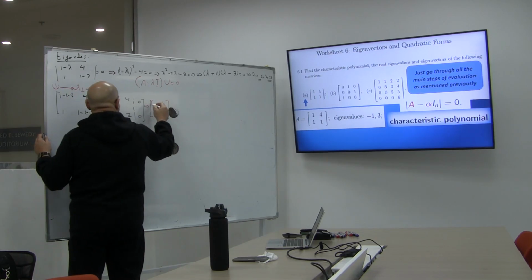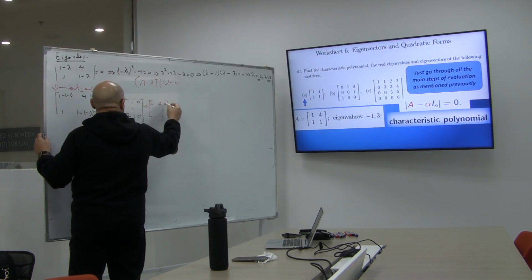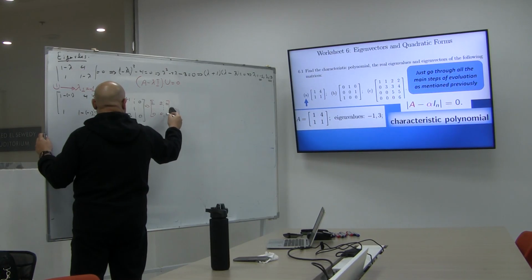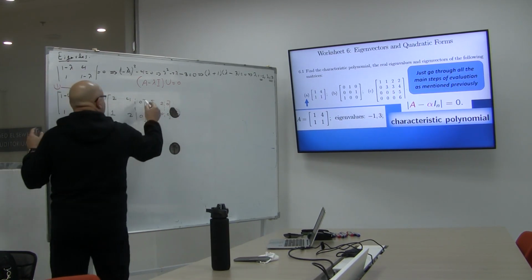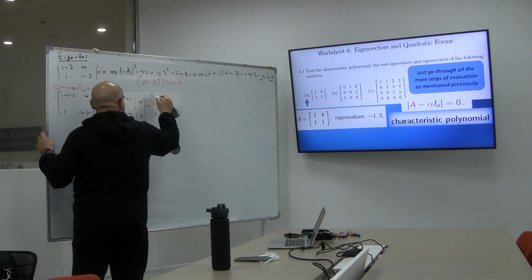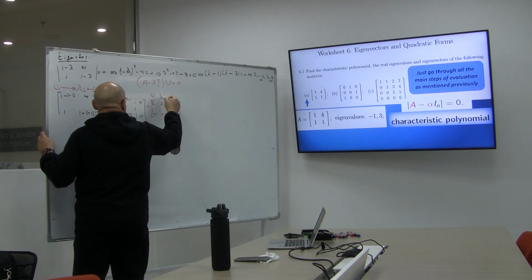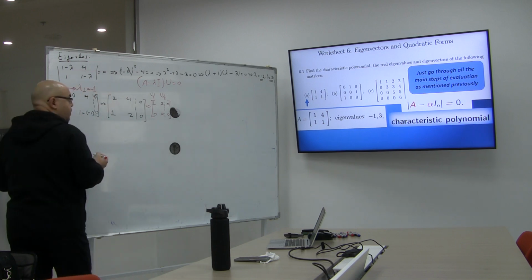Dividing by 2, it's going to be a 1, then 2, equal to 0, 0, 0, and 0. Which means you will have the first component of the first eigenvector, the second component of the first eigenvector, and it's equal to 0.